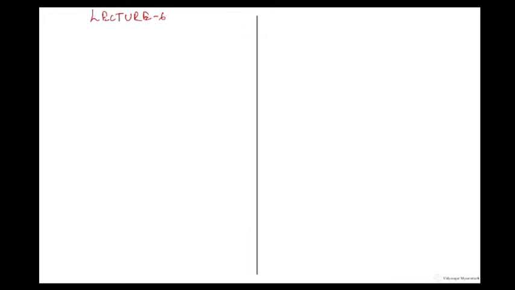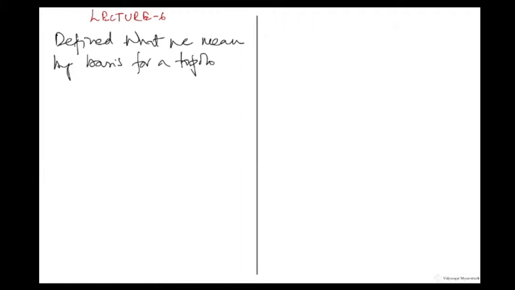So, a quick recollection of what we did in the last lecture. We defined what we mean by a basis for a topology on a set X. We looked at a couple of examples.